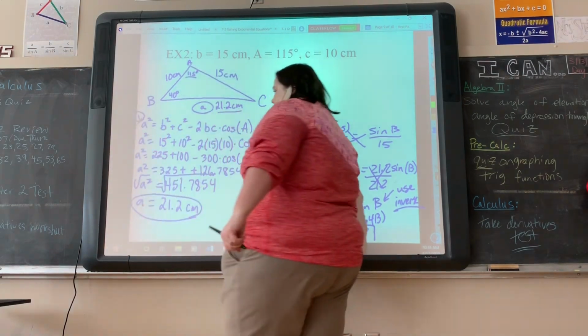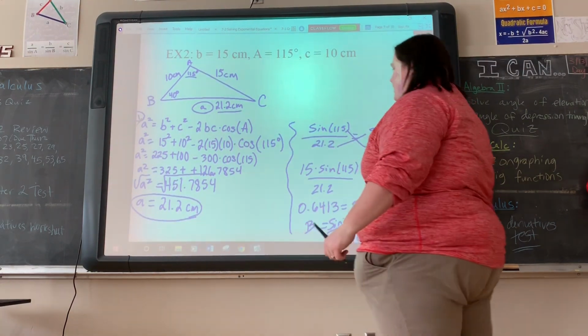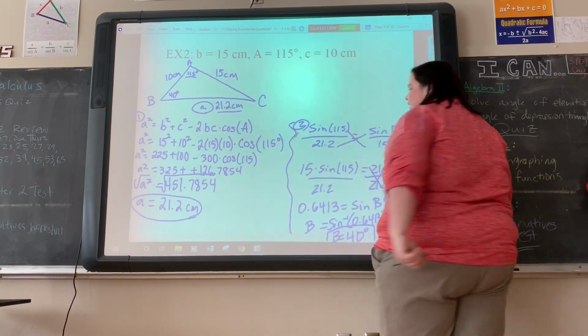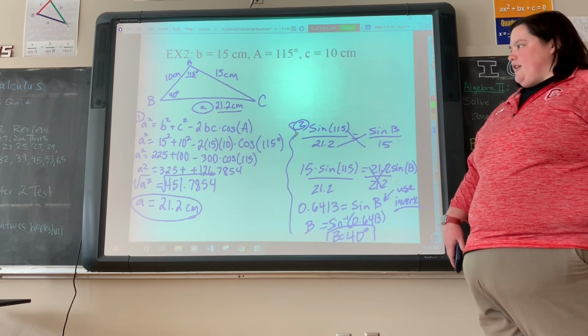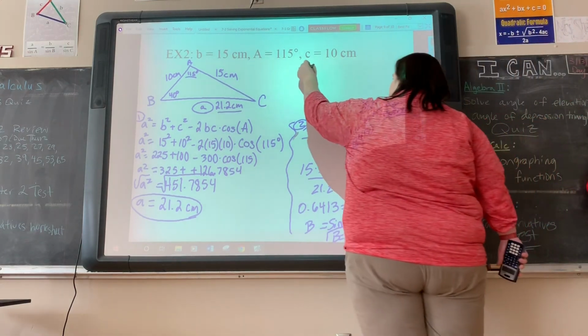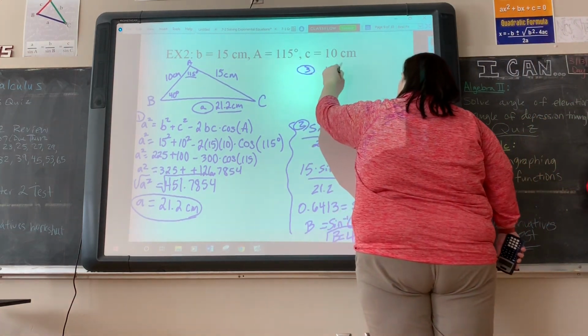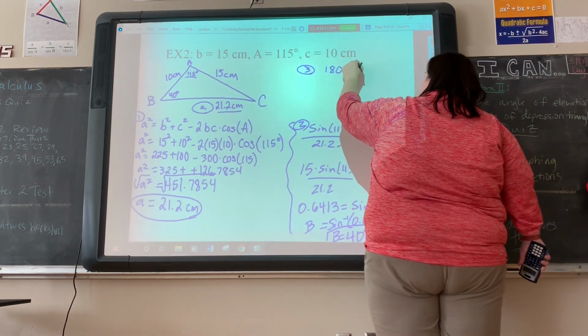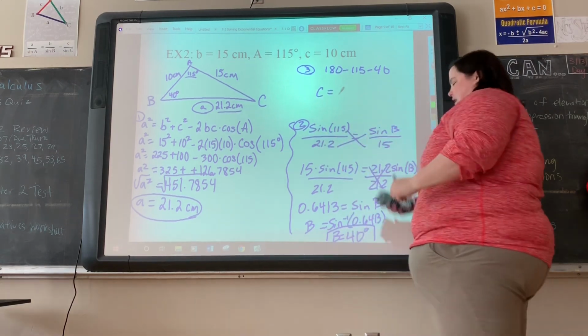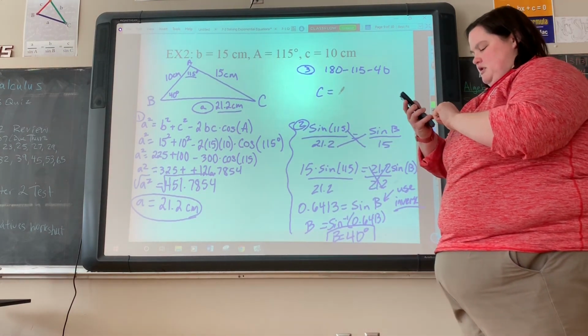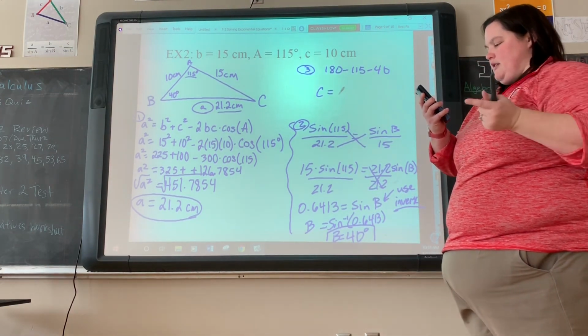So again, first I found side A, then I could switch and second find angle B, okay? And then third I need to find angle C, which I can use a little bit of subtraction. 180 minus 115 minus 40, and that'll get me angle C. So I have 25.